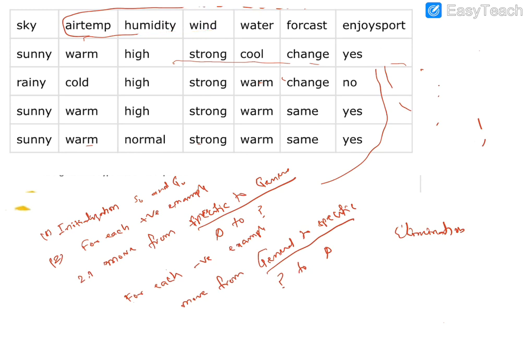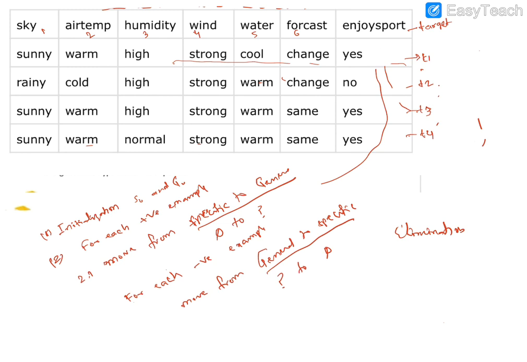There are 6 attributes: sky is one attribute, then air temperature, humidity, wind, water, forecast. This is the classification, the final target. What is the target class? Yes and no. If you look at the data, how many records are there? There are 4 tuples: T1, T2, T3, T4.